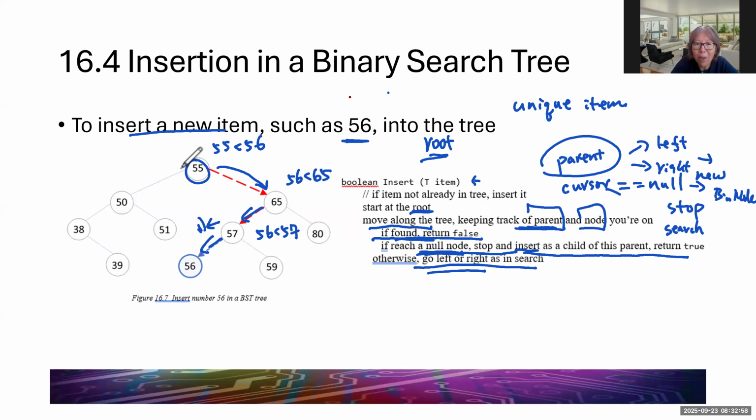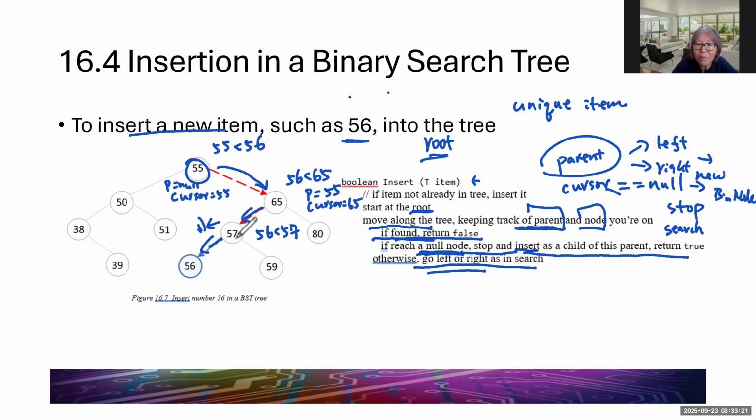Let's come back again. We start at the root node, and the cursor is 55, and the parent is null. When we move to 65, the cursor is 65 and the parent is 55.